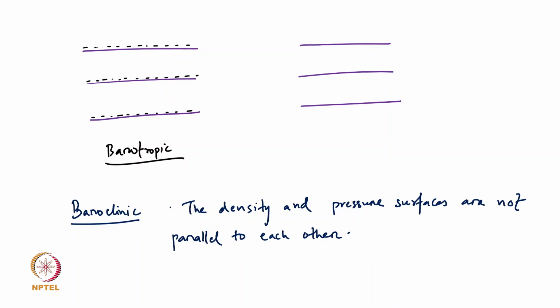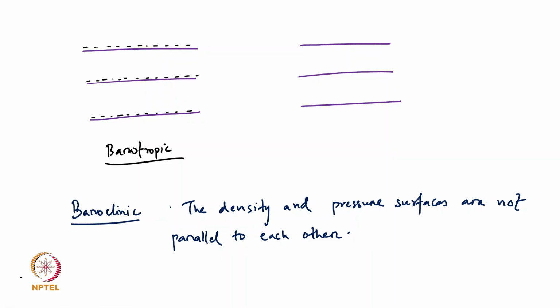Given that we have done the equation of state in seawater, density is a function of temperature and salinity, not only of pressure. Let's stick to oceanic flows for now. In that oceanic flow, we know the flow is going to be baroclinic.